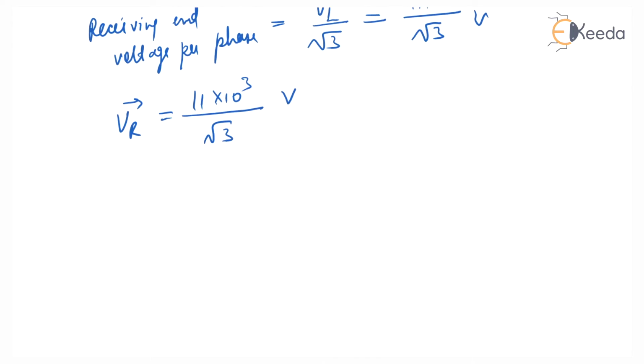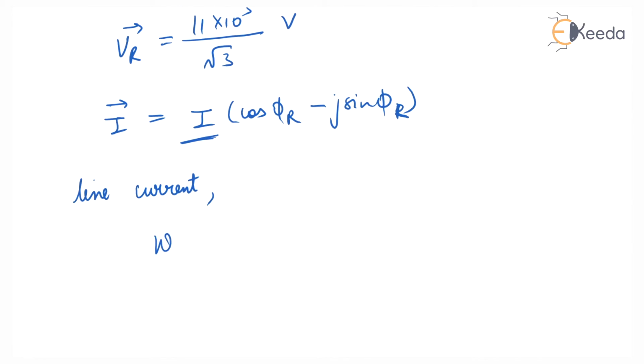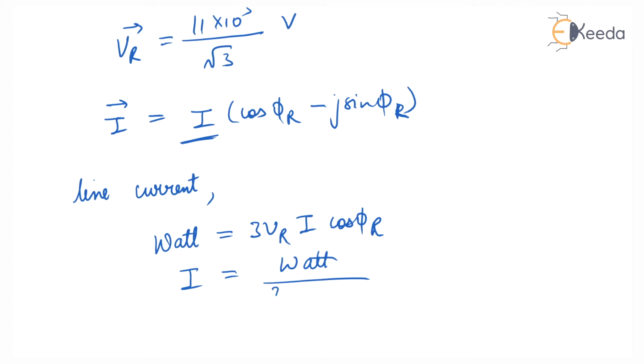Now second, we have to find out the vector I. Vector I is equal to I into cos phi r minus j sin phi r. So we need to find out the line current. For three-phase power, watt is equal to 3 Vr Ir cos phi r, so I is equal to watt upon 3 Vr cos phi r.